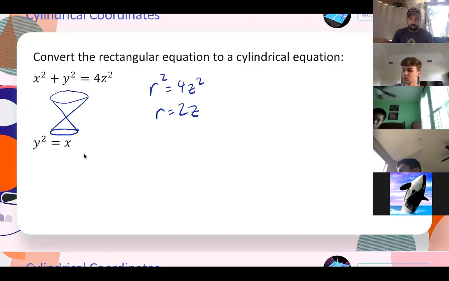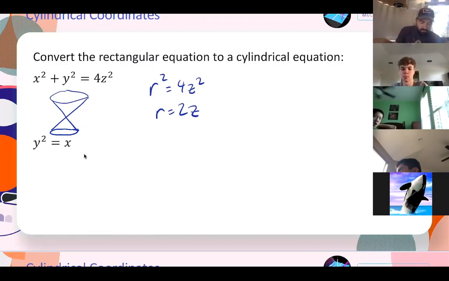And you should already be able to see that looks simpler than x squared plus y squared equals 4z squared. For one thing, one of the variables is gone. You only have 2 variables instead of 3. And you don't have squared things and all that stuff. So it's gonna be a lot simpler to deal with. This one right here is not gonna get simpler. It actually doesn't get easier or harder. It stays relatively the same.